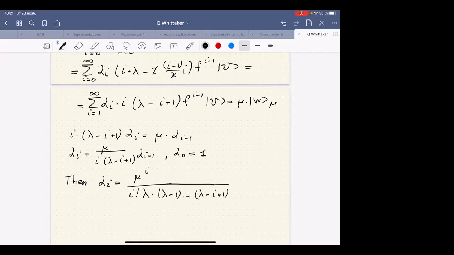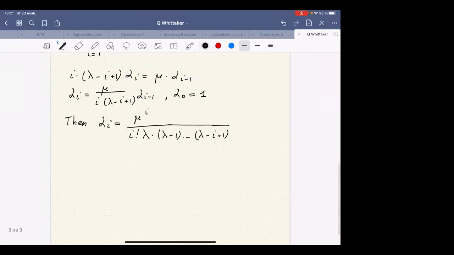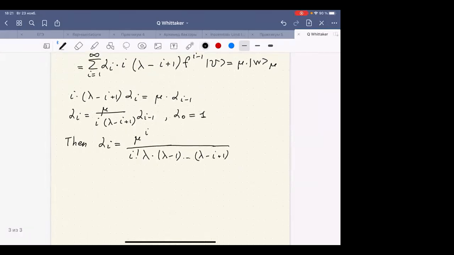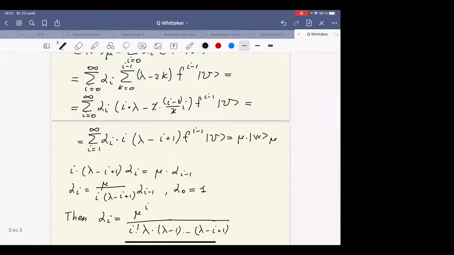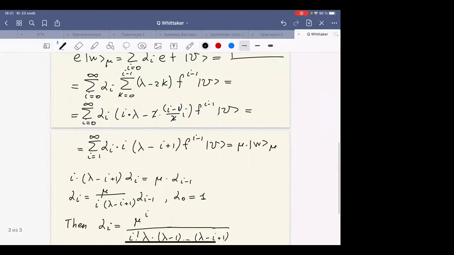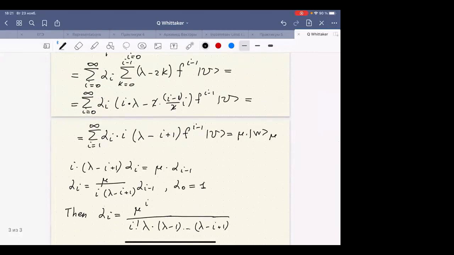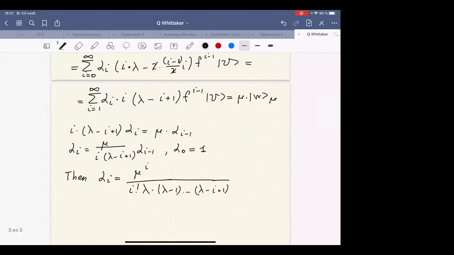I hope this is correct. Thus we have found an explicit formula for the Whittaker vector.